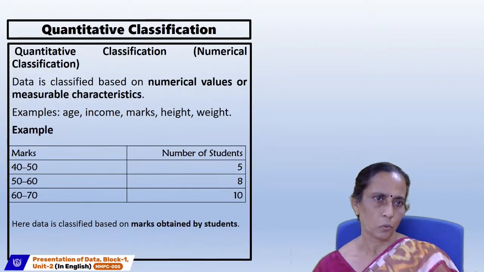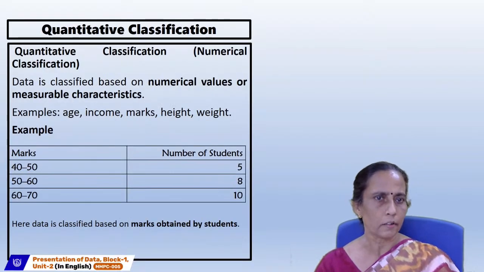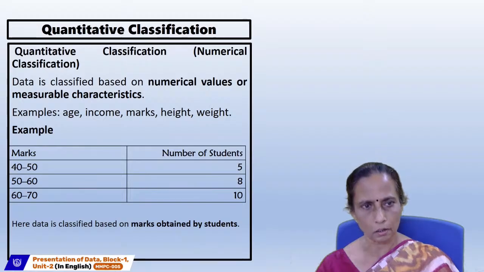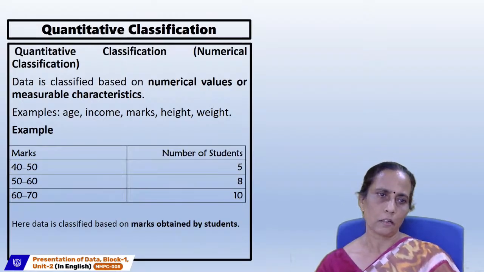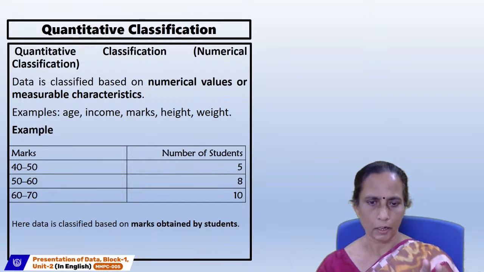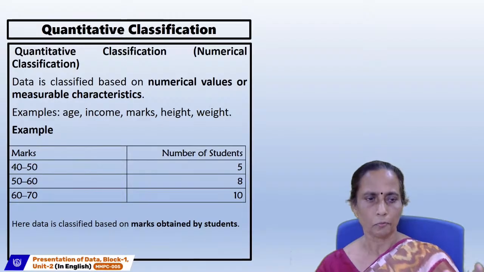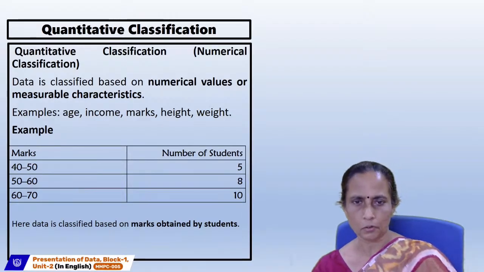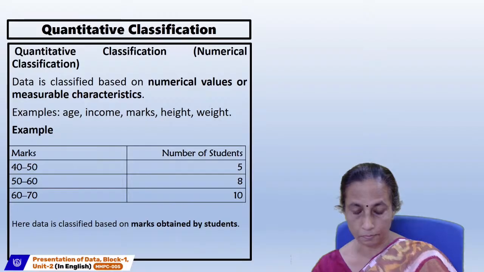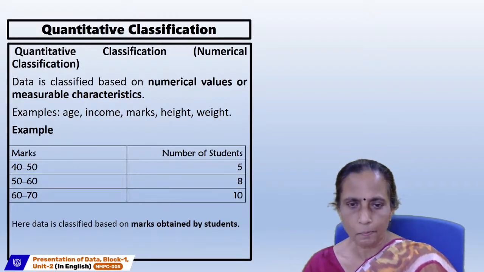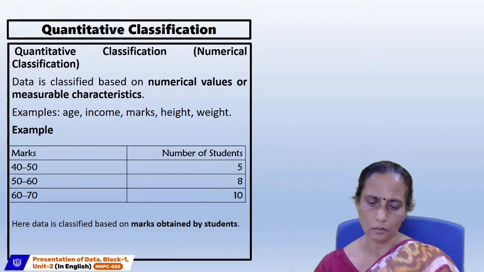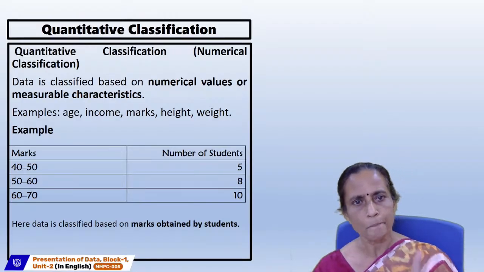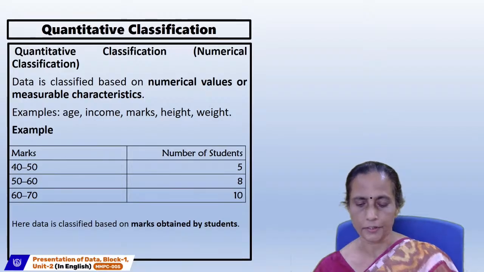In quantitative classification, data is classified based on numerical or measurable characteristics. So I have categorized here the marks obtained by students. For example, 5 students have scored marks between 40 and 50, and so on and so forth. This is quantitative classification.